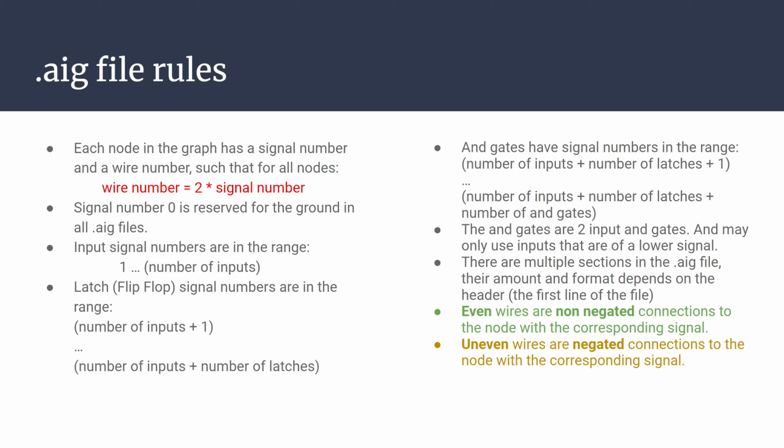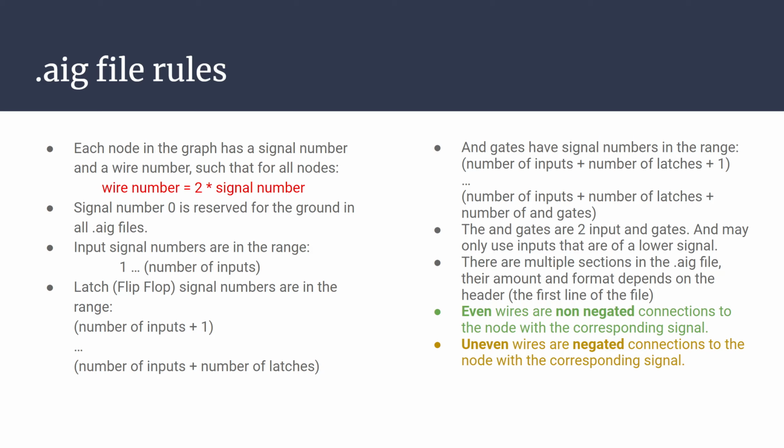A wire number talks about connections more. If you have an input to a latch, that input can either be connected directly with a non-negated edge to a node in the graph, or it can be negated. You differentiate using even and odd numbers, and so you'd use wire numbers, if that makes sense.